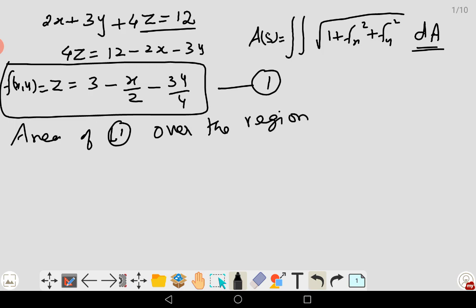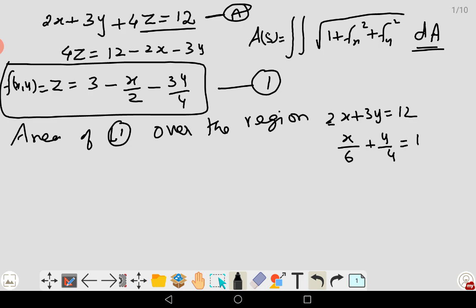When you take z equal to 0 in this equation, this is A, what do you get? 2x plus 3y is equal to 12. We can write y as a function of x, isn't it? Divided by 12, we will find x over 6 plus y over 4 is equal to 1.